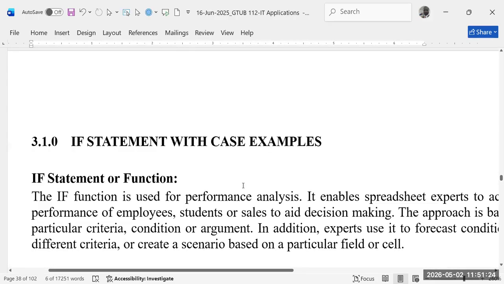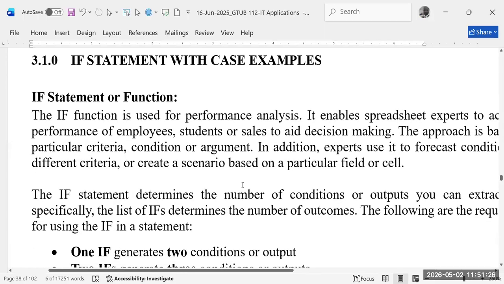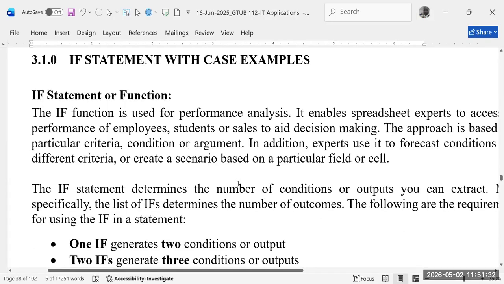The if statement. We use the if statement to perform analysis, or the if function. It enables you to extract a specific context or conditions in a statement.